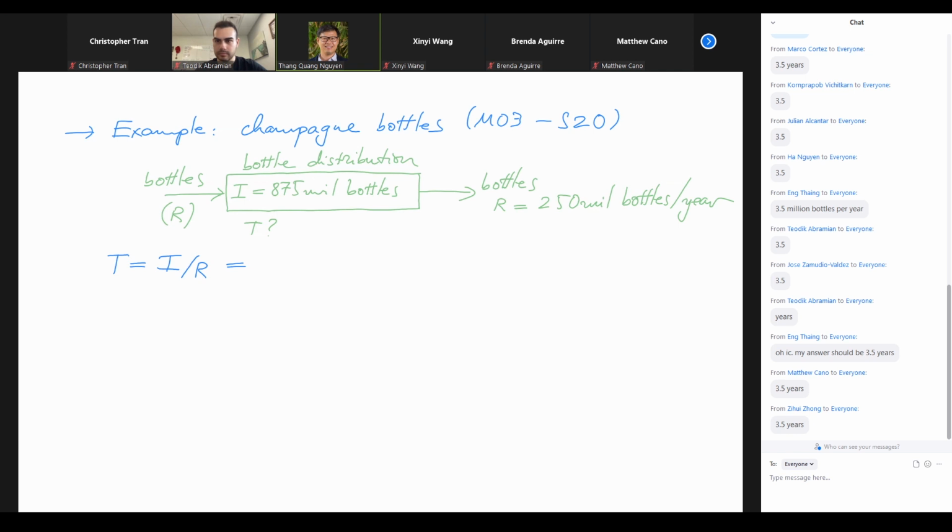So the T is I divided by R. We take 875 million bottles divided by 250 million bottles per year. So the million bottles will be canceled out, and we only have a year left.